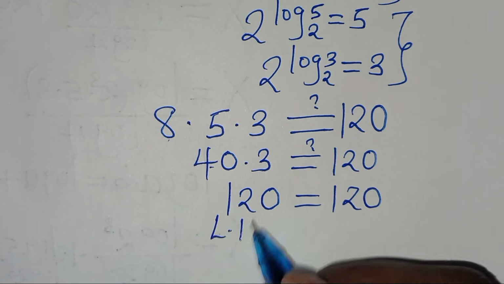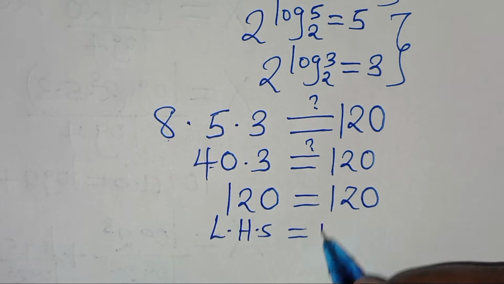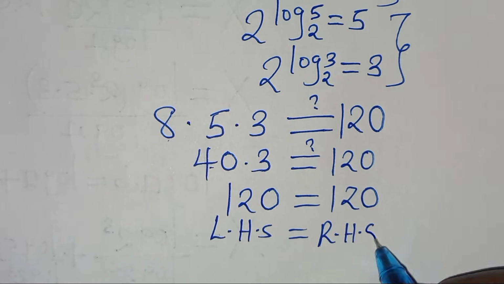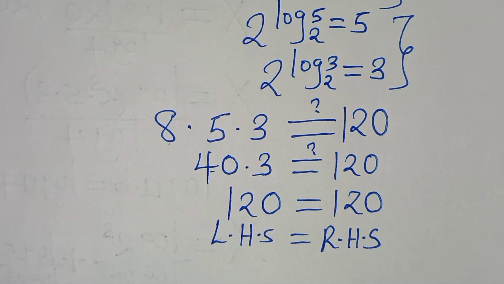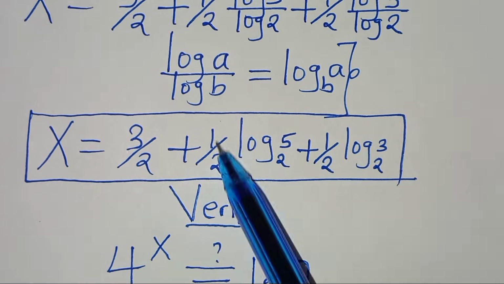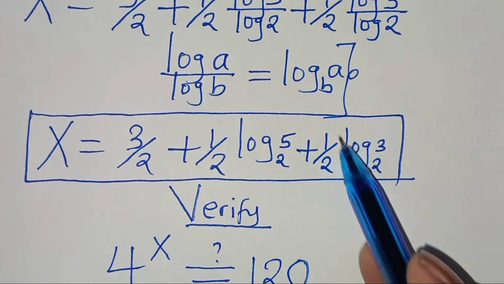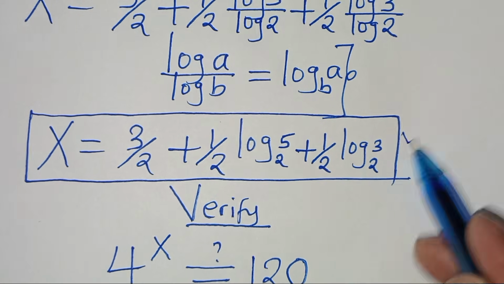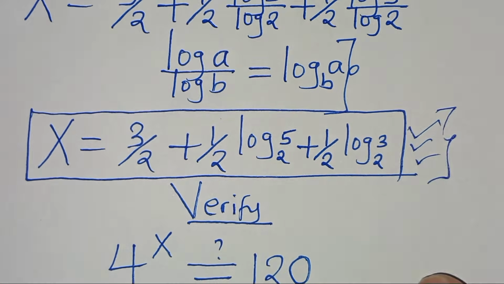So the left hand side is equal to the right hand side. And this affirms that the value of x, which is 3 over 2 plus a half log 5 to base 2 plus a half log 3 to base 2, actually satisfies the equation.